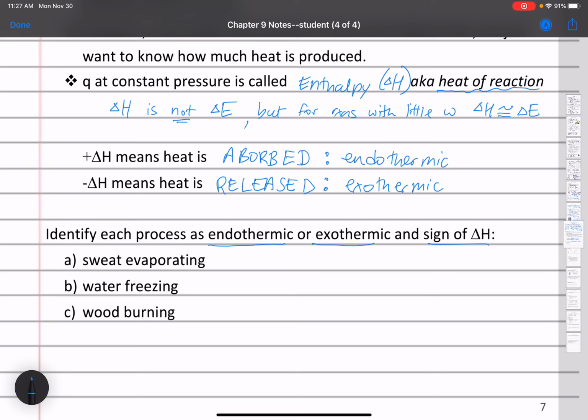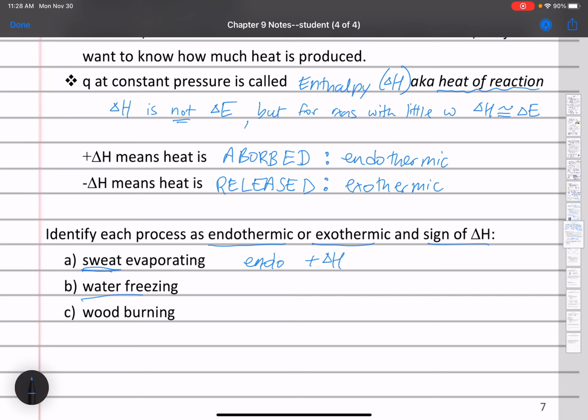So sweat evaporating. All right, when it evaporates, it's going from liquid to gas. So it's absorbing heat. So it's endothermic, and that means it would have a positive delta H. Water freezing.